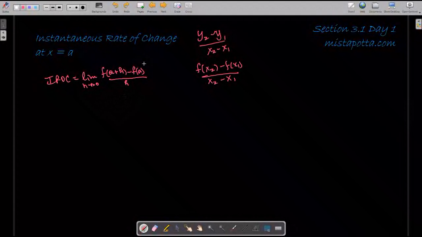And we touched on the subject of, well, this value of the instantaneous rate of change really does depend on the value of x.